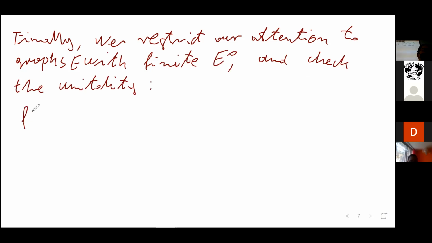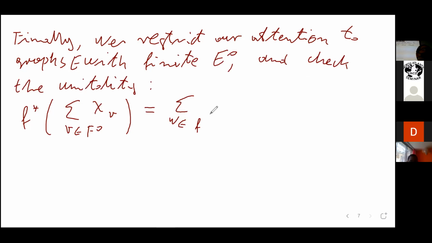So I compute f star of the sum over all v in F0, chi v. But now this is by definition the sum over all w's in the preimage of F0. So you see what I'm doing, for every chi v, I should take the preimage of chi v.